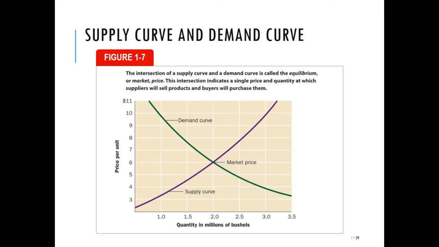This means that as the price of a good goes up, less quantity will be demanded. Likewise, the supply curve is a converse relationship, which means that as the price of a good goes up in the market, more of that good will be supplied by suppliers.